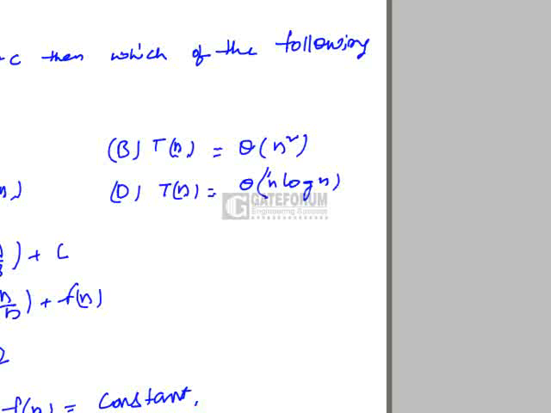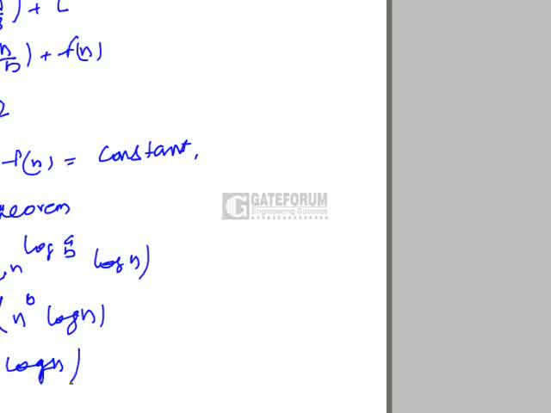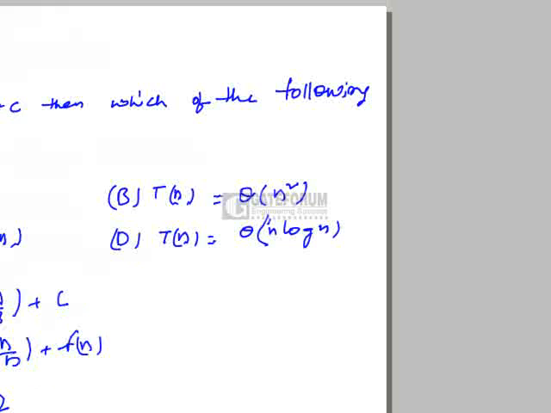If we apply case 2 of Master's theorem, we can write T of n is theta of n power log a to the base b times log n. Here n power log a to the base b is n power 0, so this is nothing but theta of log n, which is option C.